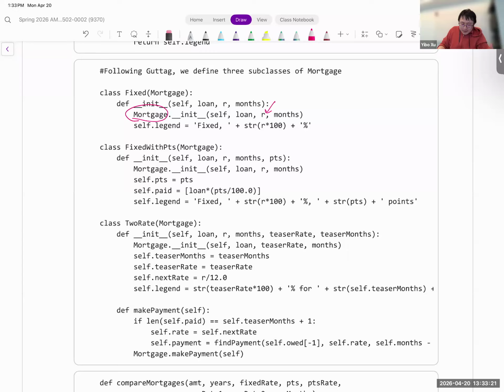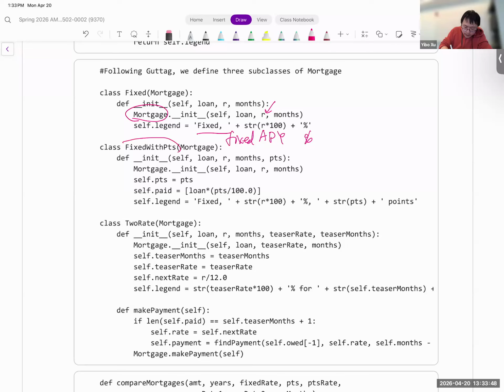The mortgage class is originally fixed rate, but now here we are specifying it is fixed with a percentage. So basically it's just saying, this is a fixed rate of, let's say, 5%. Everything else is unchanged.